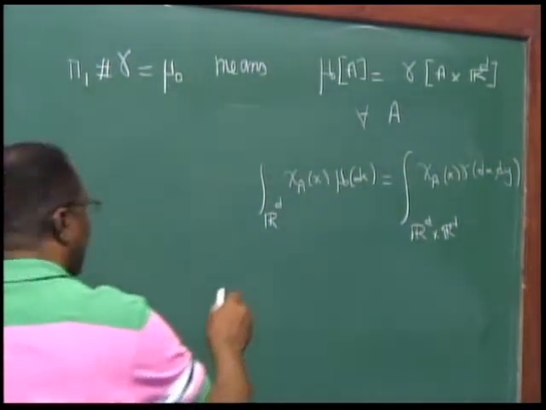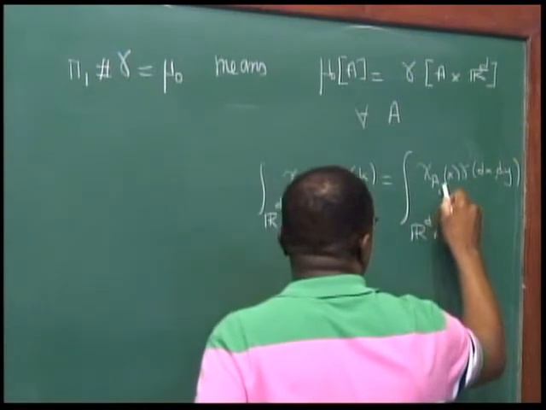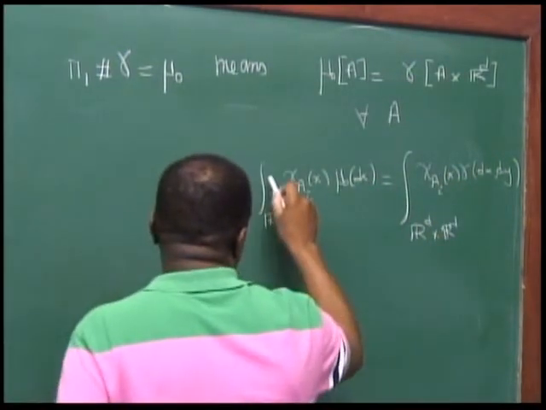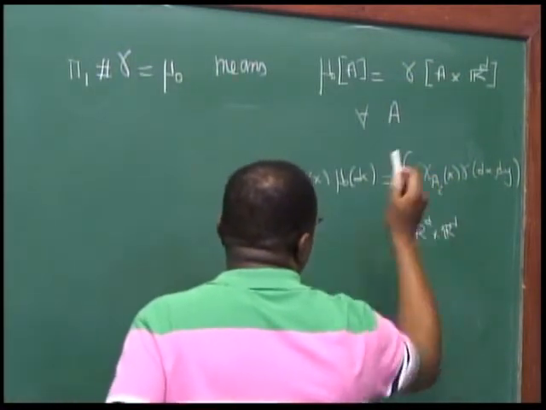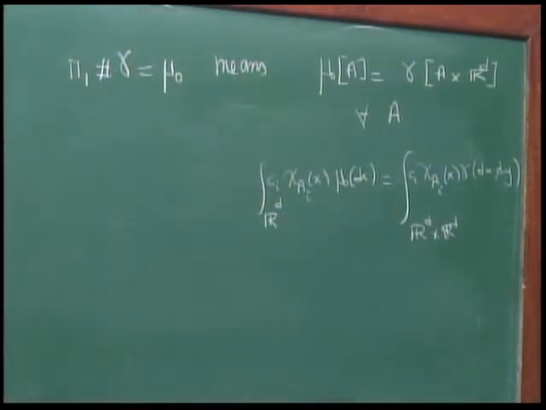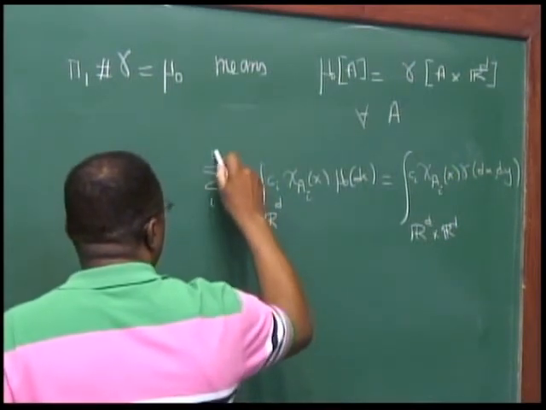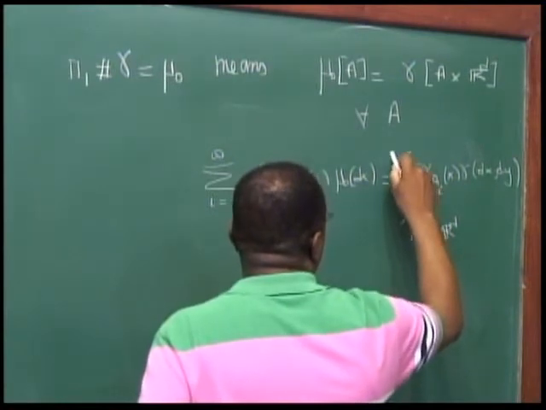Okay, so let me say that it holds for every A_i. Now, I multiply A_i by a real number c_i. That will hold for every c_i multiplied by the characteristic function of A_i. Now, let me sum this up, i from 1 to infinity.